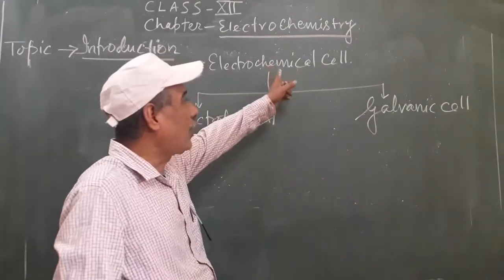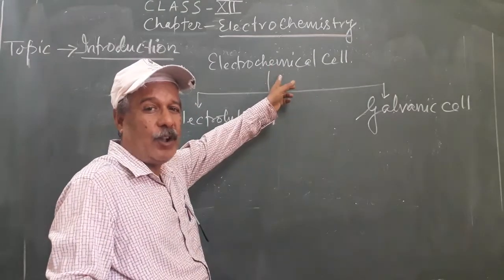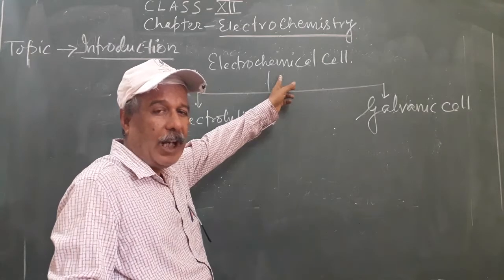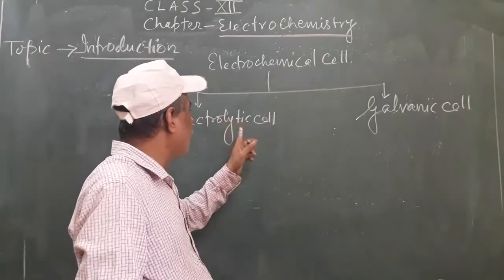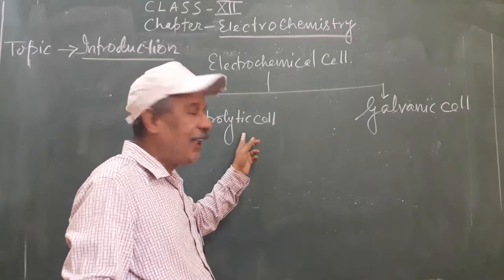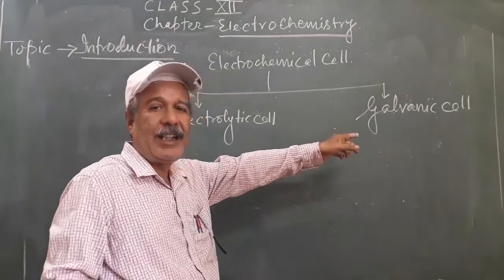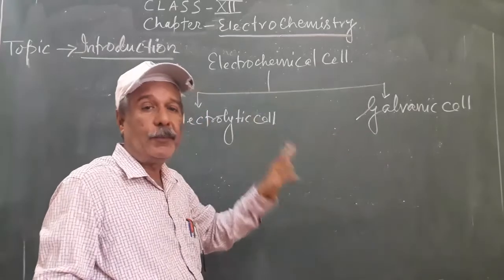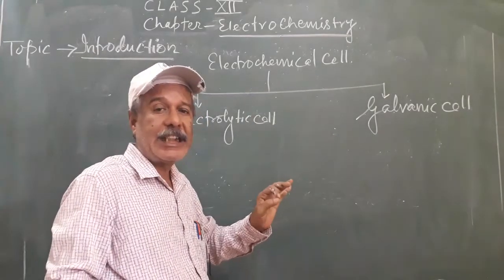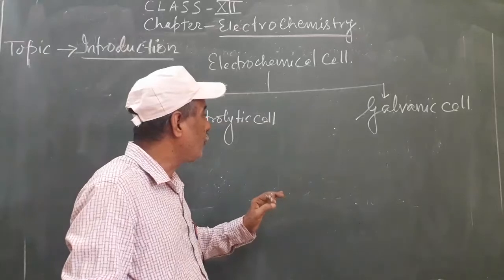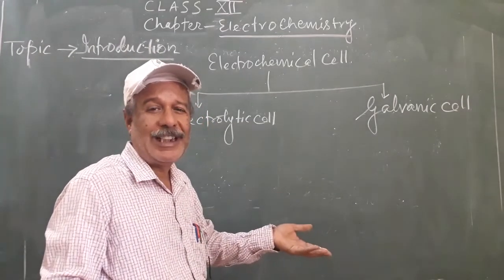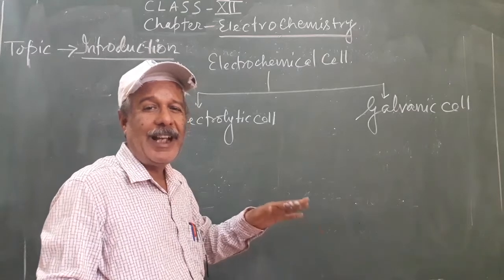Both are electrochemical cell, but out of these two, one is called electrolytic cell and the other is called galvanic cell. Correct? These two differ from each other in respect of input and output.